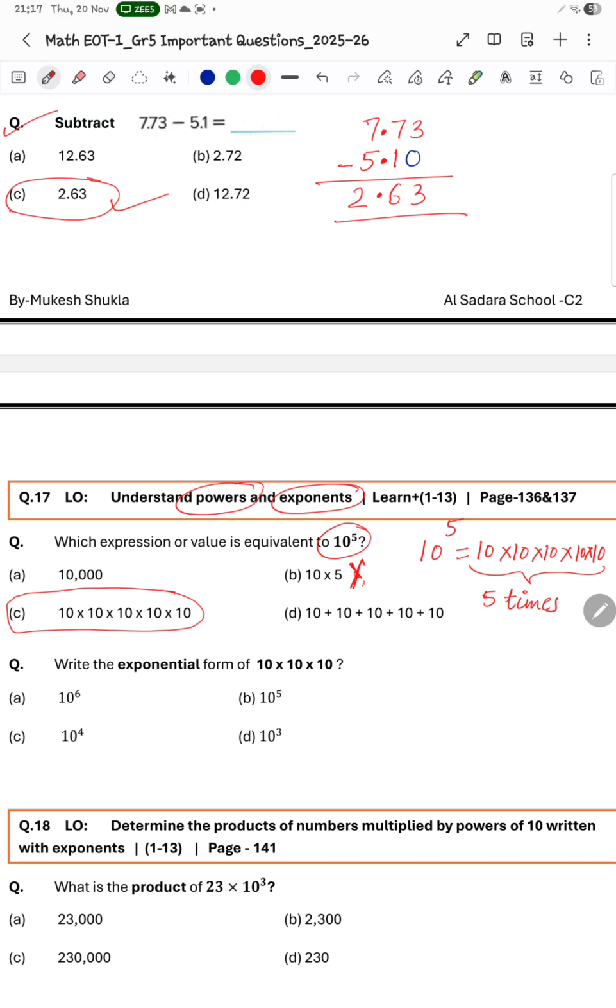If the exponent is 4, like 10 to the power 4, then your answer will be 10 times 10 times 10 times 10. Okay, so be careful with this power. If the power is 4, 5 or 3, according to that you can increase the repetition of the base.